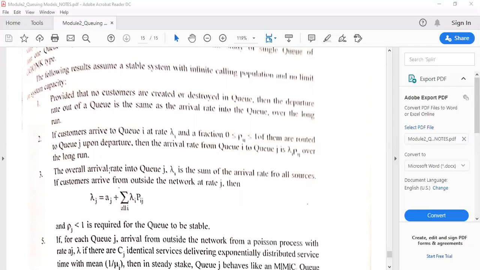Next, the overall arrival rate into Qj is the sum of the arrival rates from all the sources.